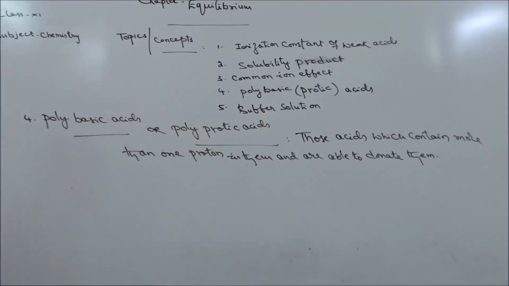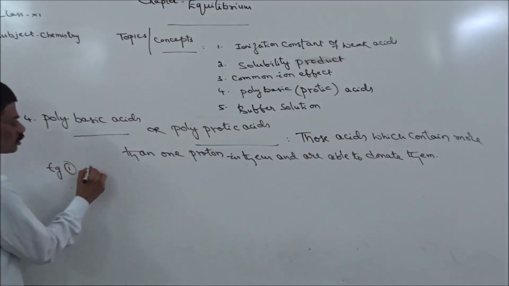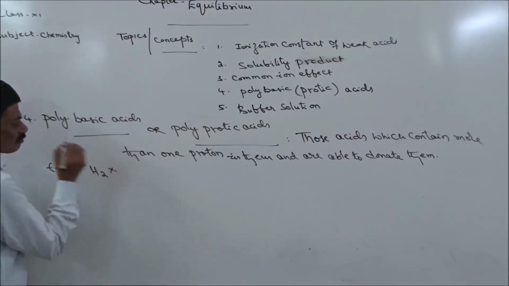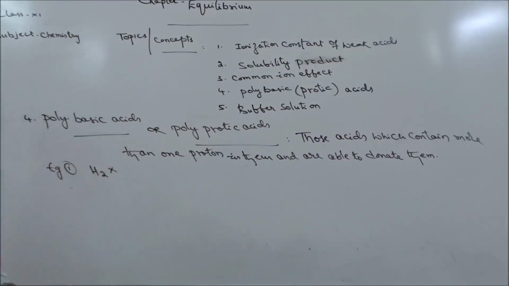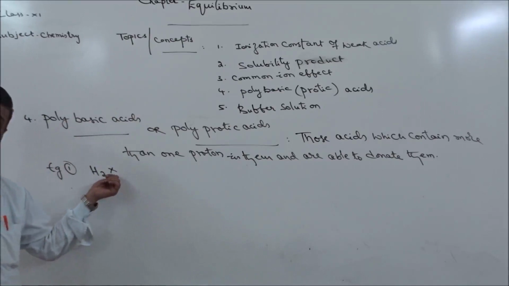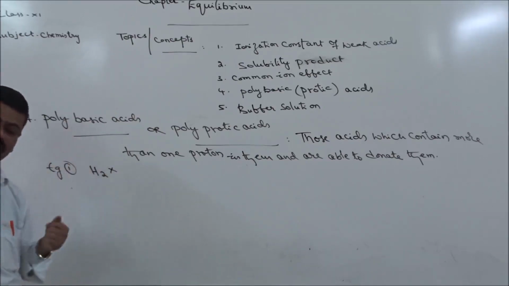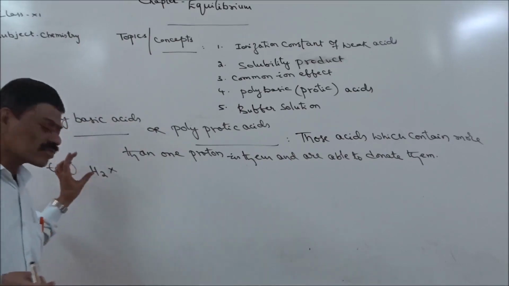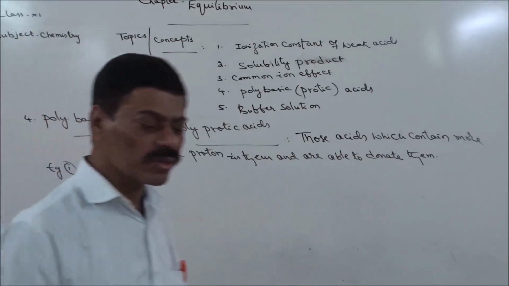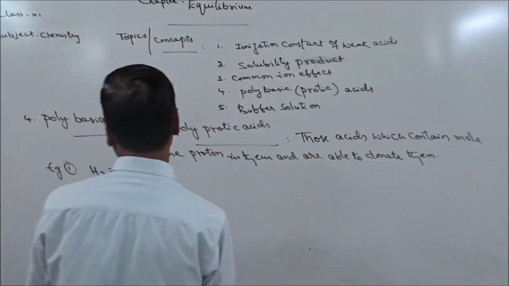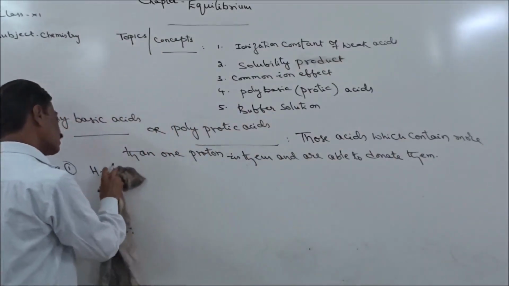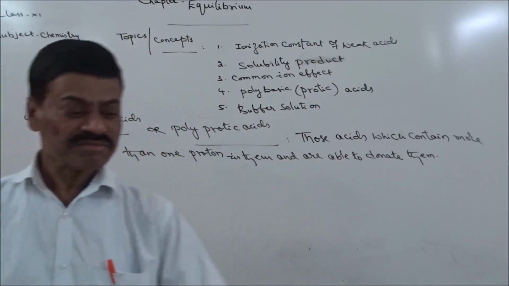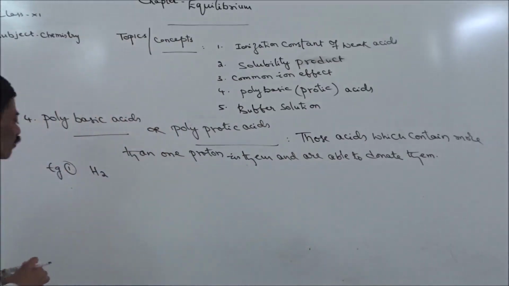Now let us see examples for this. First example is H2X. This is what is given in the book. X means it can be SO4. Then it will become H2SO4. Right? So this is what is given in the book, but I will take specifically an acid which is able to donate proton, instead of H2X.